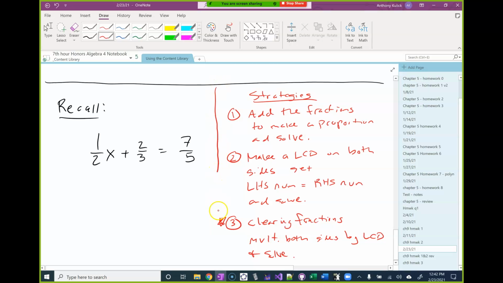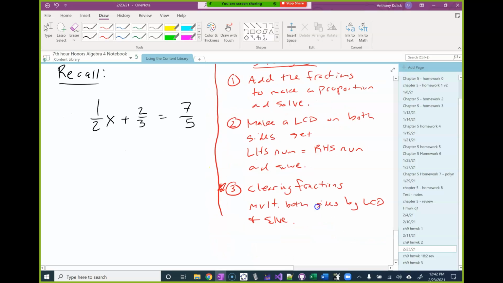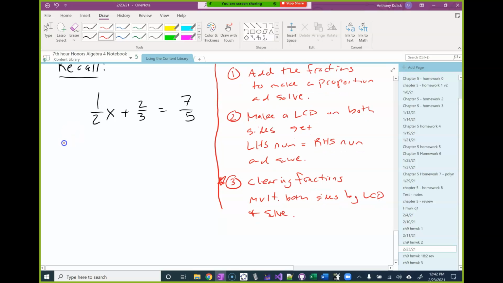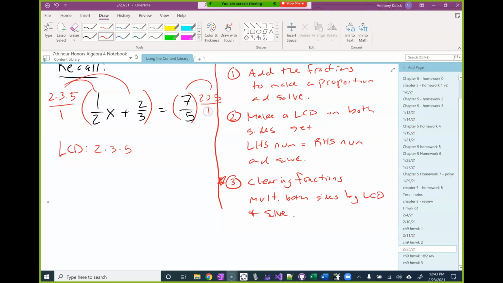Everybody good? Yeah? Okay. 5 times 2 is 20. And 2 times 3 times 7 is 42. And we're left with now just something that's really quite easy to handle, right? Divide by 15.